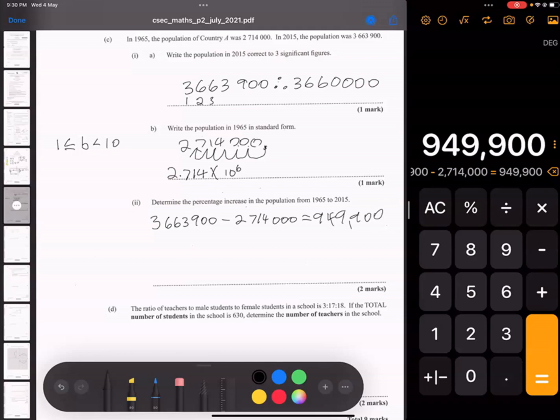So how we are going to find the percentage of what this increase entails is by putting this same amount, 949,900, over our original population of 2,714,000, and then we're going to multiply it by 100%.